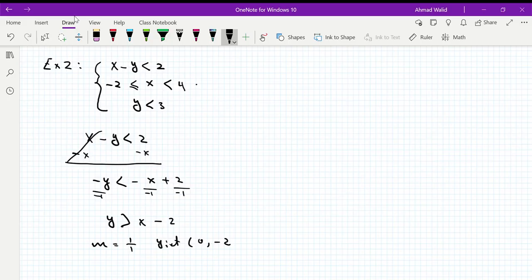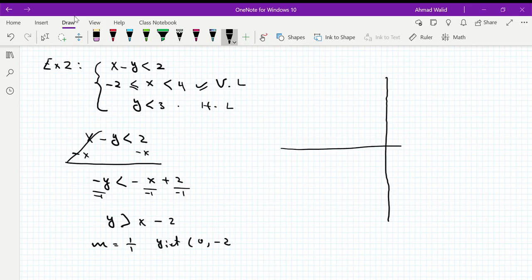This one is a vertical line. This one is a horizontal line. Let's graph all of them in one system and shade one by one. But at the end, we keep the area where the shades overlap each other.